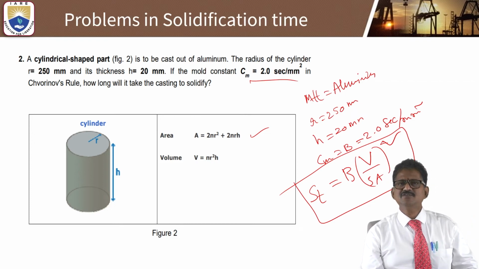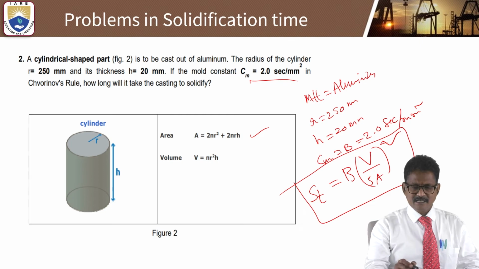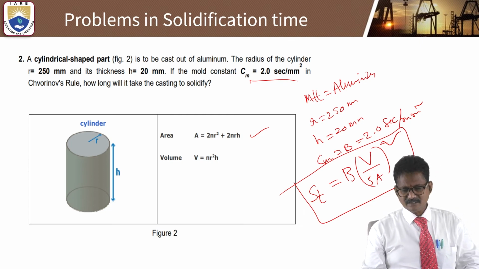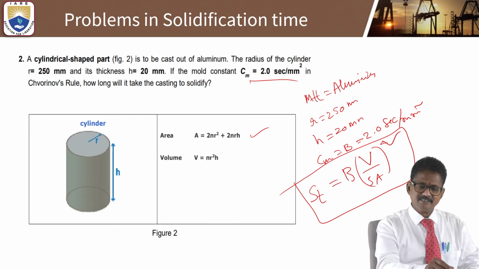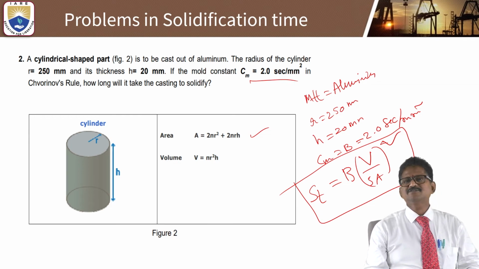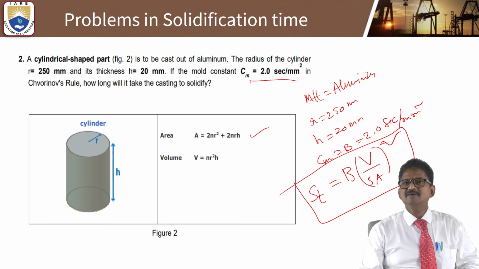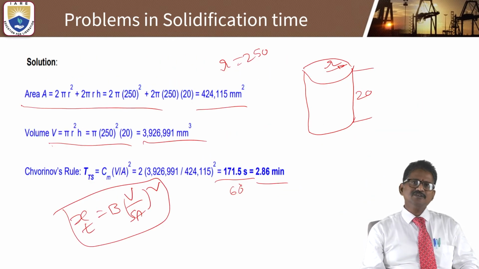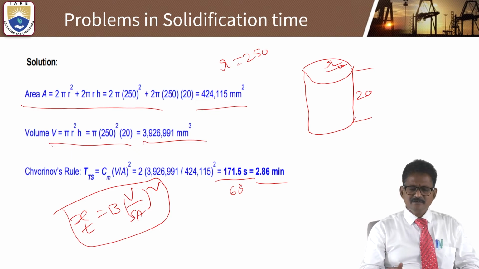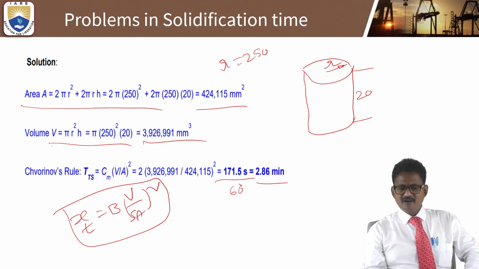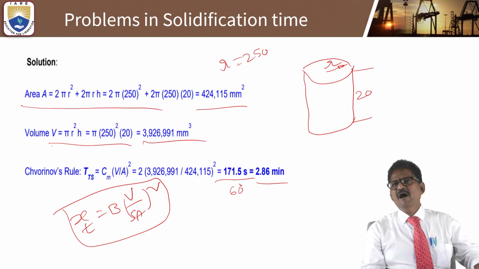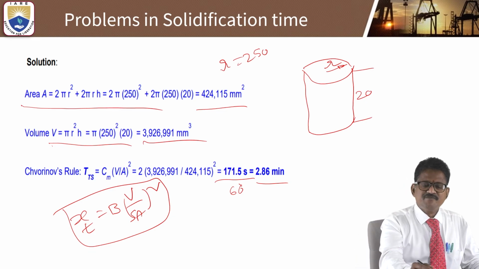Look at this case: the area is given by 2 pi r square plus 2 pi r h, and the volume is pi r square into h. This is the solution. Area is 2 pi r square plus 2 pi r h. You will get 4,24,115 mm square.